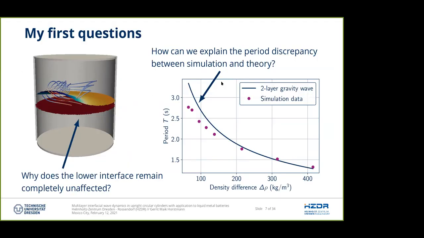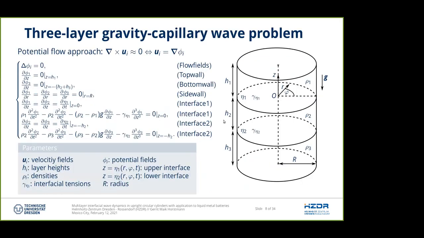And further, Dr. Weber has compared the wave periods of the simulated waves with the eigenfrequency of 2-layer gravity waves and found some mismatch for small density differences. And so my first idea was, if the 2-layer theory cannot match the simulation data properly, maybe I can get better results if I perform a 3-layer theory. And that was the first thing I have done.